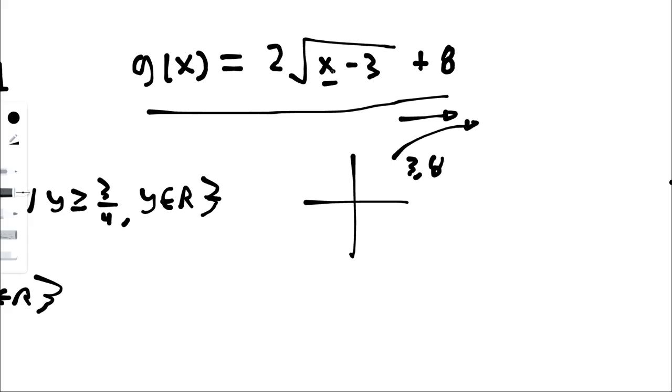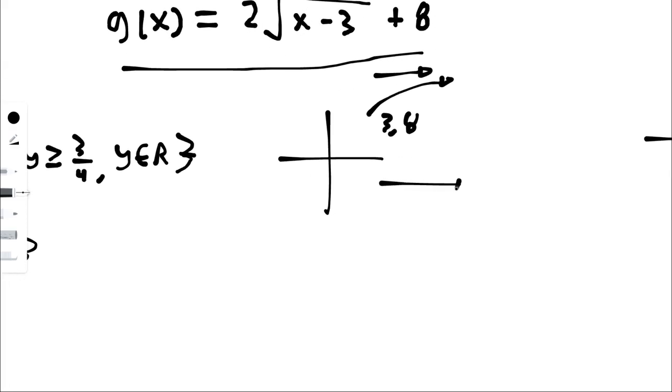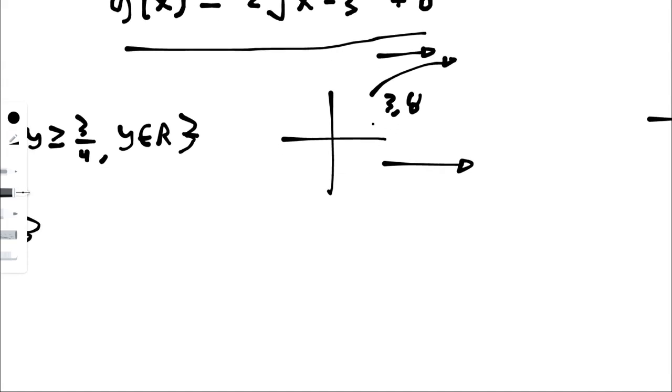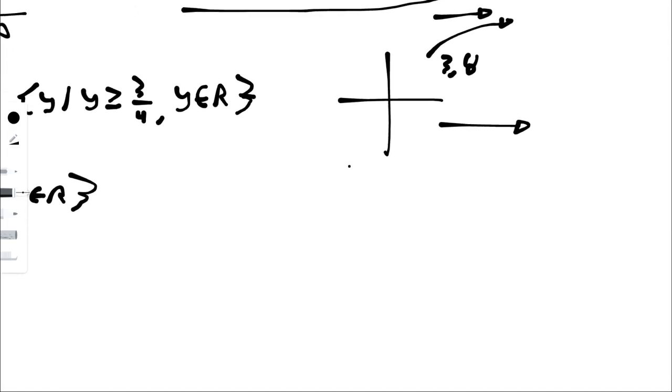So even positive infinity should make this possible. But anything that makes this value right here negative is not possible. You can't have a negative square root. So basically what this is saying is that anything to the right of 3 or 3 itself is possible. So for the domain, we can say x has to be more or equal to 3. And then x can equal all real numbers.